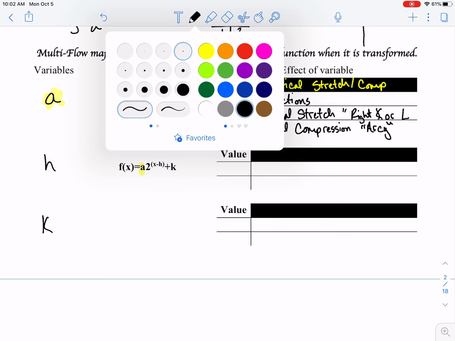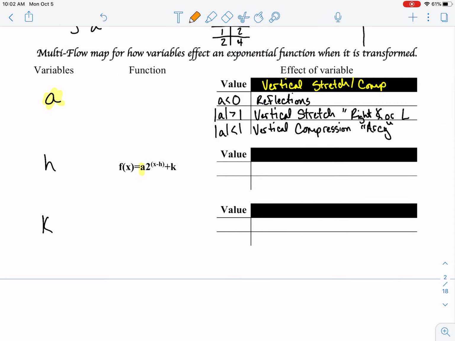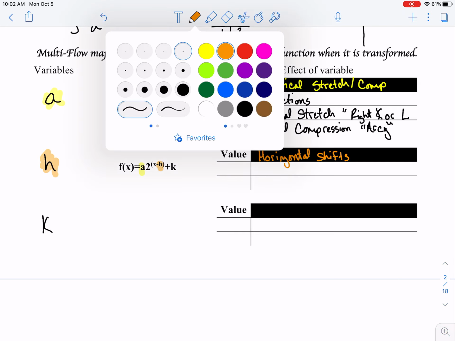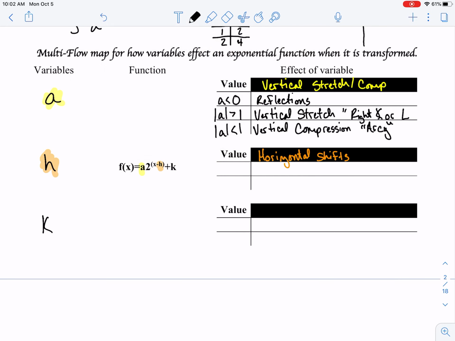H values are going to control my horizontal shifts. And remember, this is kind of the opposite of what we think when we look at it in an equation.